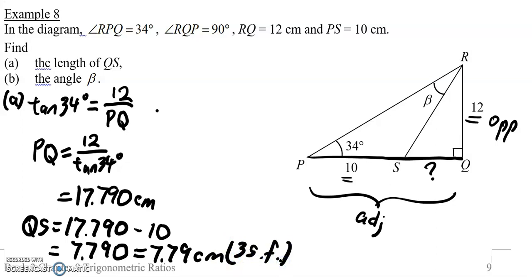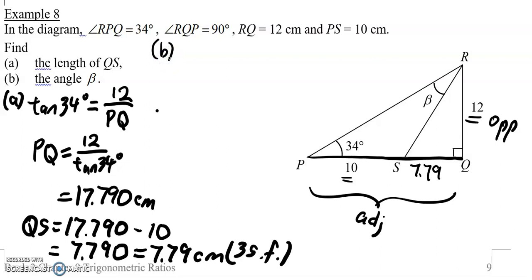Okay, on to part B now. Now that we know that QS is actually 7.79 cm, let me just rewrite this so that we are a bit clearer now. So actually this is my 7.79 cm.